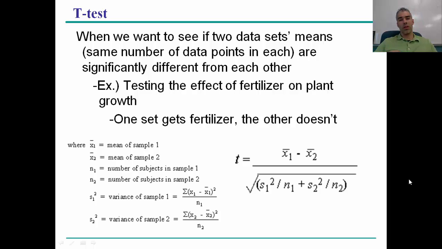So this is a really good test to use if we're testing, for example, the effect of fertilizer on plant growth, because we have a control group that receives no fertilizer, and an experimental group that receives fertilizer. We can compare the mean plant height of one to the mean plant height of the other, taking into account the variance, which is also accounted for in the t-test, and you end up getting a t-value initially, but then you can convert that into a p-value using a chart, which I'll show you a little bit later.